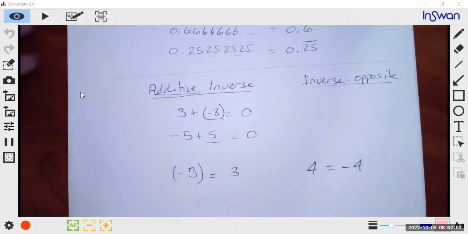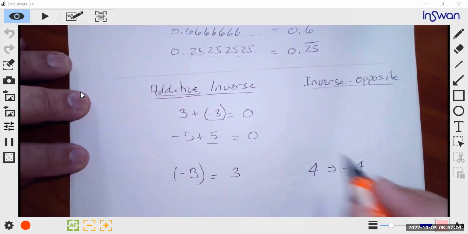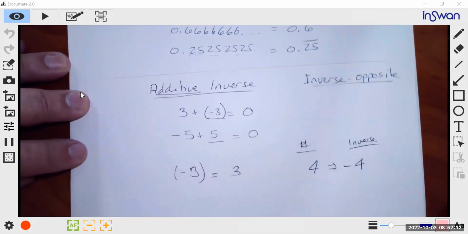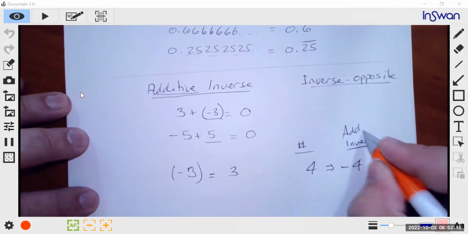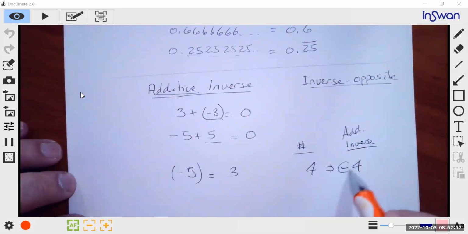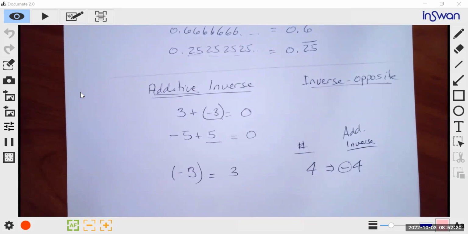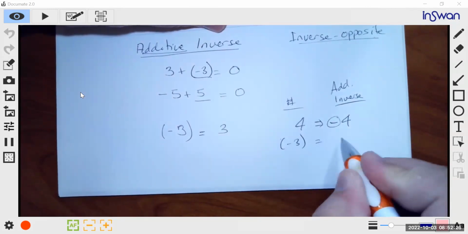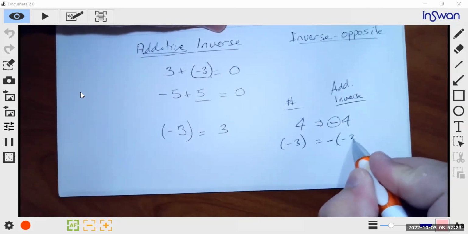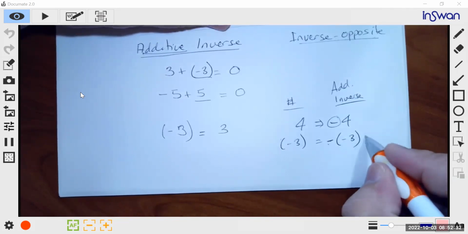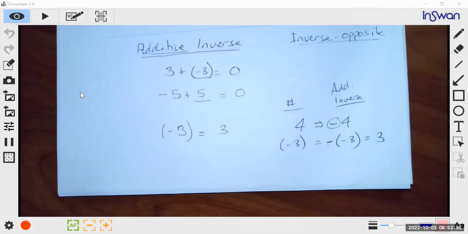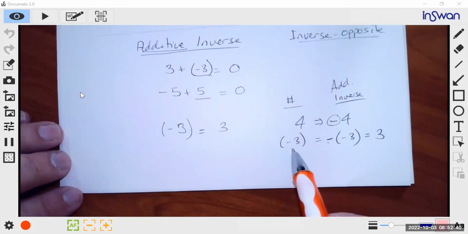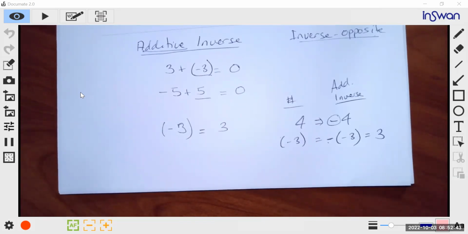It has to have opposite signs. Here's a number, here's the additive inverse. Basically, all you did was put a negative in front of it. You do the same thing. If I gave you a -3, you'd put a negative in front of it. Negative times negative is positive, so that's the reason it becomes positive. The double negative becomes +3. The opposite inverse of -3 is +3.